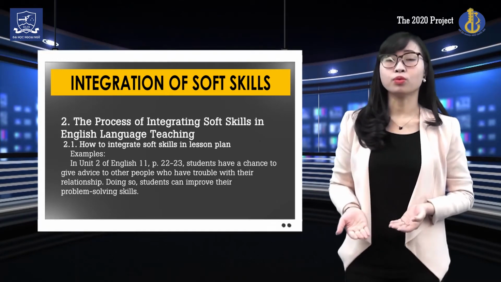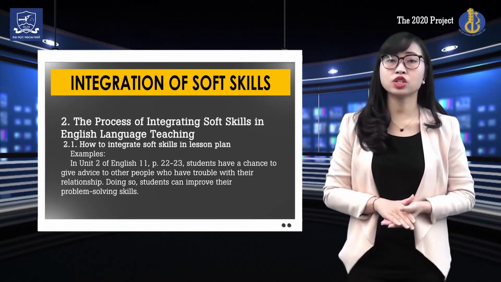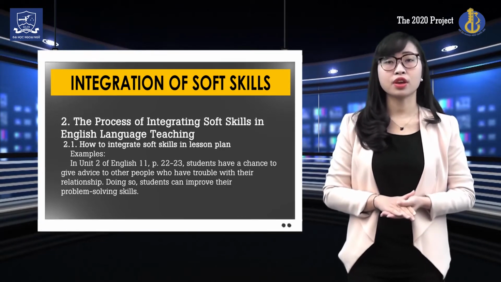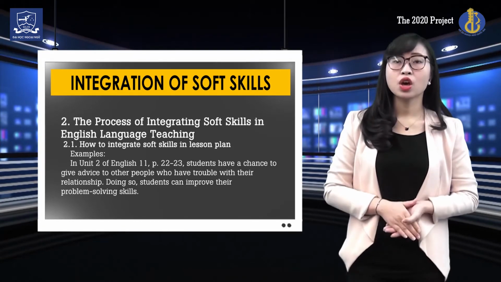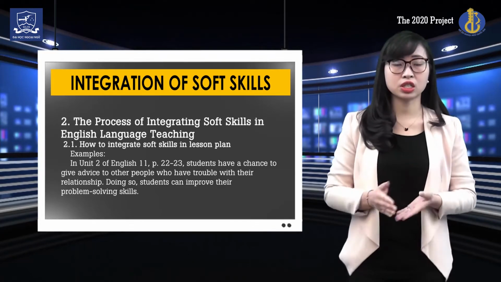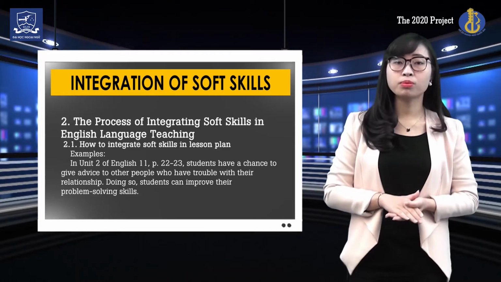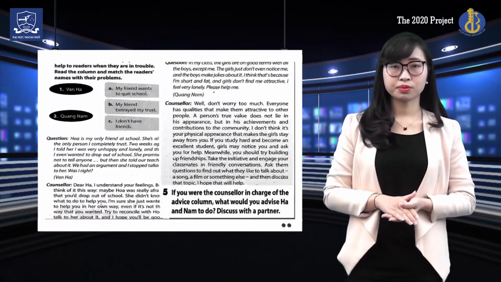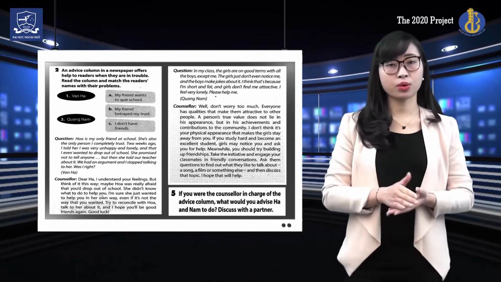Another example, in unit number 2 of English 11, page 22 to 23, students have a chance to give advice to other people who had trouble with their relationship. Doing so, students can improve their problem-solving skills. Or you can look at the example in the screen.